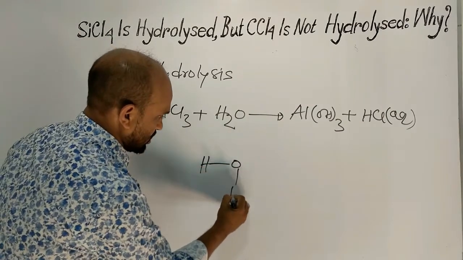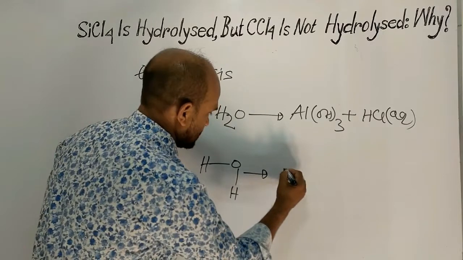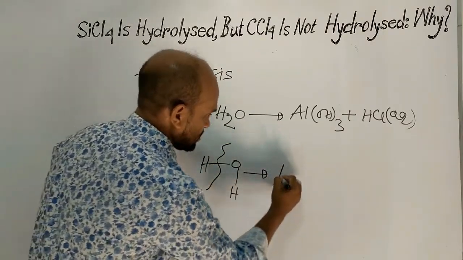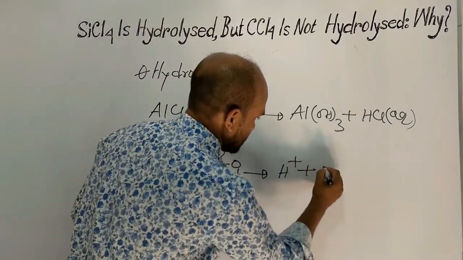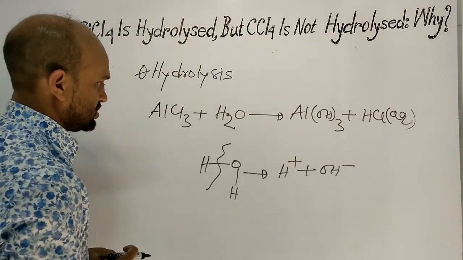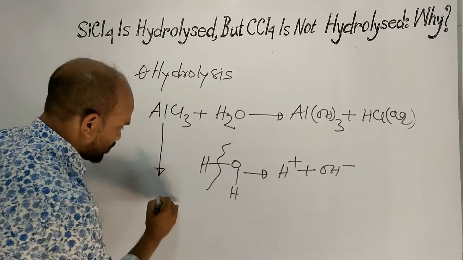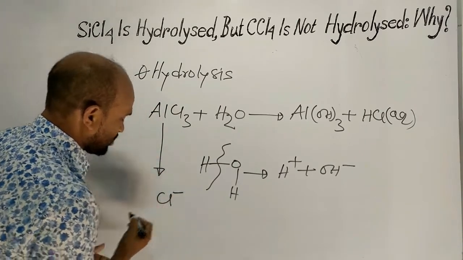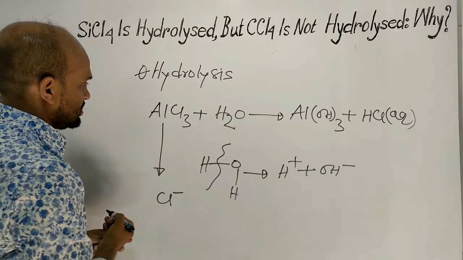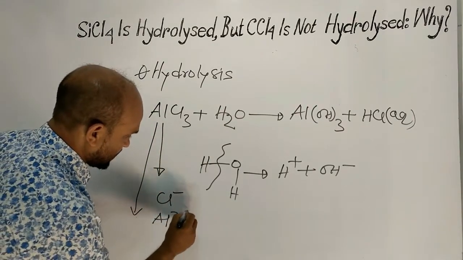This is water. From water, breaking this bond, hydrogen ion and hydroxide ion are formed. Aluminum chloride produces chloride ion, and at the same time aluminum 3+ ion.